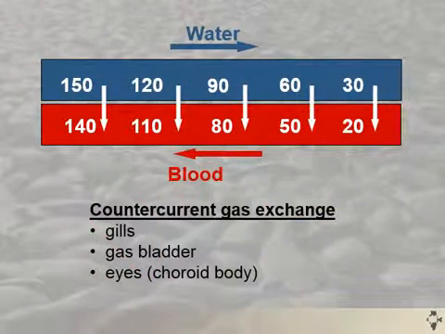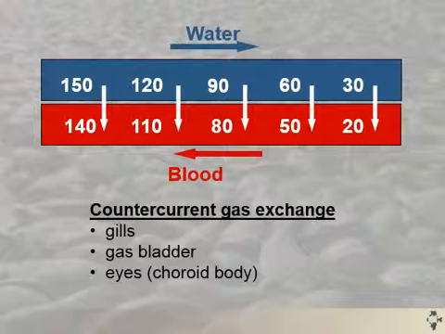Another perhaps simpler diagram showing the same sort of thing. These countercurrent exchangers maximize the transfer of oxygen as well as a variety of other different things between media that are found in different places in the body of the fish. So we're talking about it now in the context of oxygen exchange between the water and the blood.